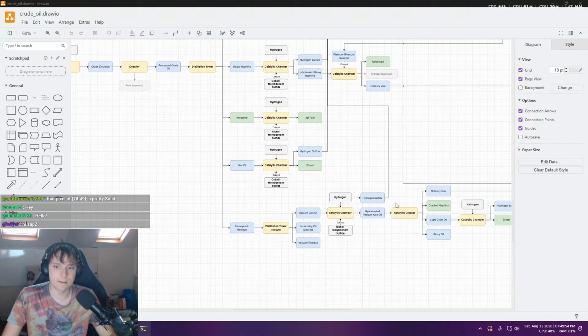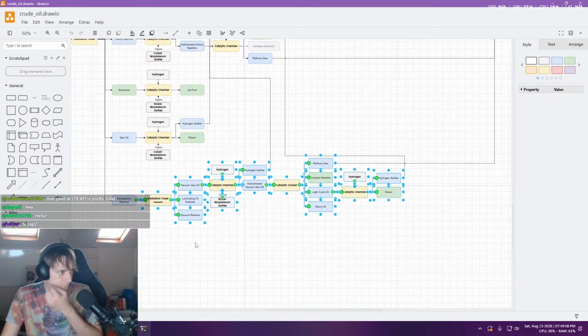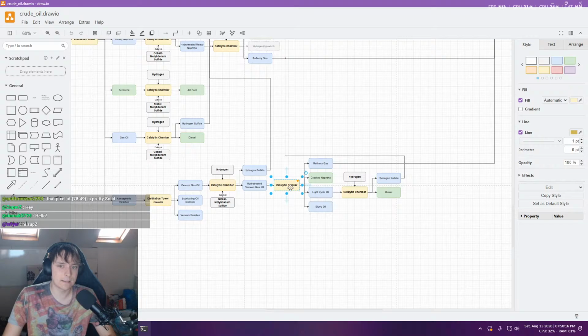So basically that's this process right here. We're breaking down the heavier hydrocarbons into usable things. So the catalyst in question is the one that goes, I think, into the catalytic cracker here.